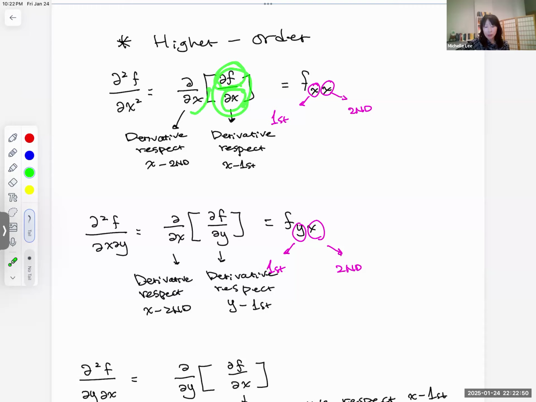Then we have another one, the derivative with respect to x, second. When we denote it in function notation, f sub xx means the partial derivative with respect to x, then the partial derivative with respect to x again, second one.